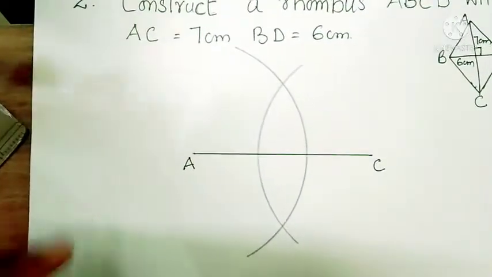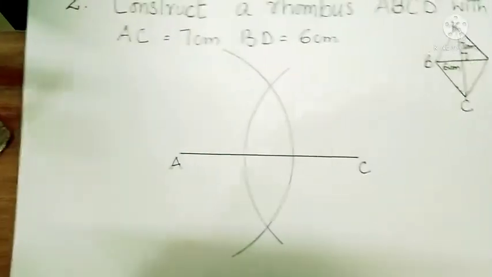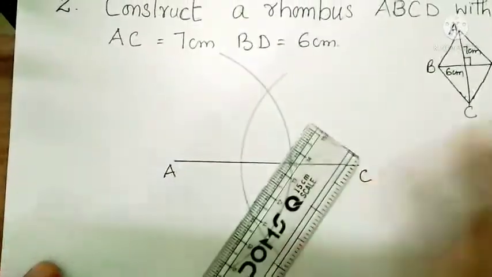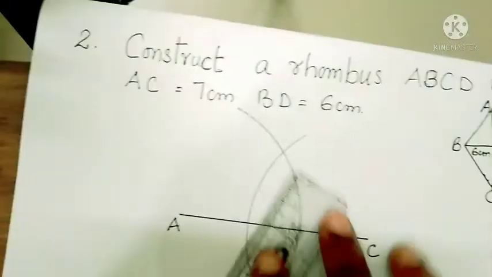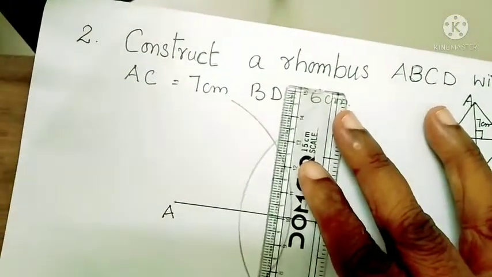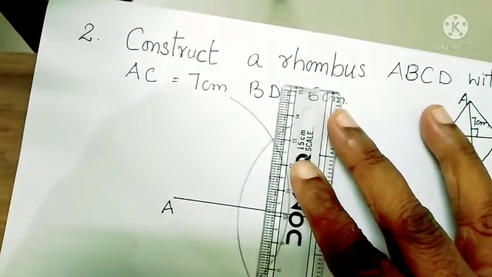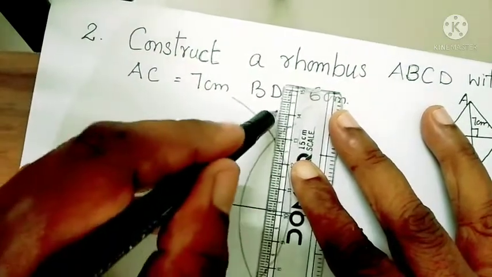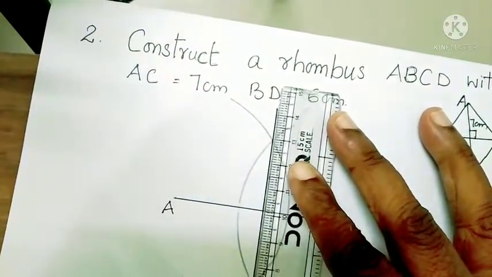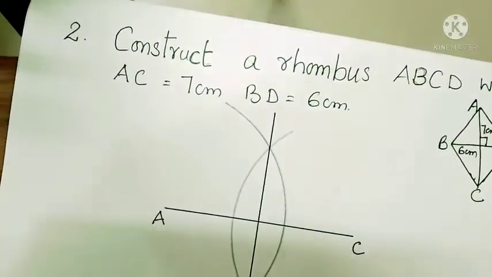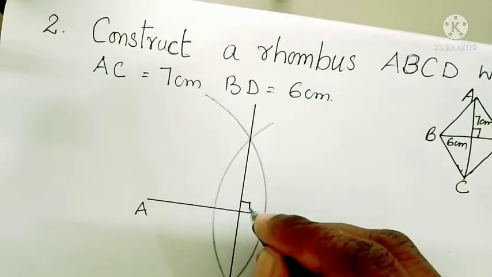Both the arcs meet at a point. Then with the help of the scale, you can join the 2 points where the arcs met. So the first point is here and the second point is here, and then join it. So you got this angle 90 degree.